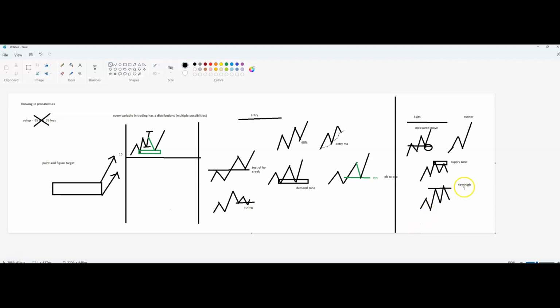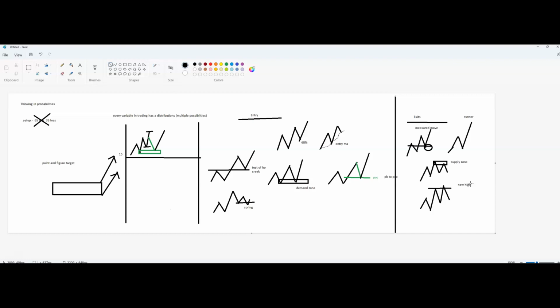So the idea here is to scale out, meaning at least two exits, or at least consider, instead of the market is going to do this because I read it in a book or watched the supply and demand YouTube video, ask yourself, what if it doesn't? What if the market doesn't go to the new high? Do I have a backup plan for that? What if it doesn't hit my 1 to 20?